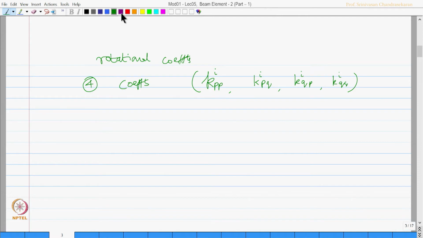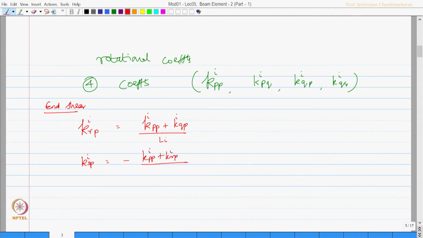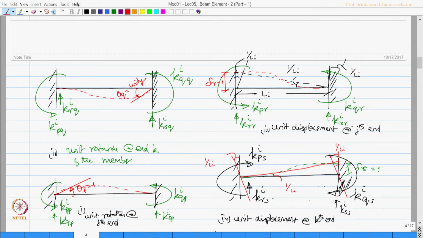For example, if you want to evaluate the end shear, we can say K R P is actually K P P plus K Q P of the ith member divided by length of the member, and K S P of the ith member is minus of K P P plus K Q P by L I. Carefully look at these figures.